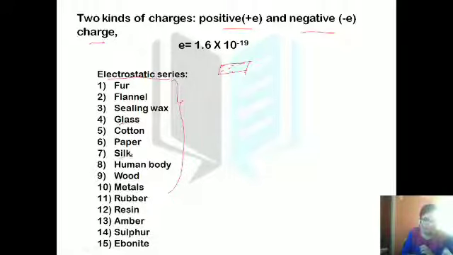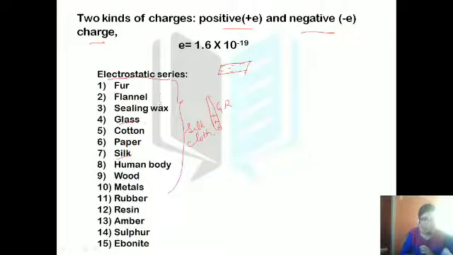If we take a glass rod with silk, we are rubbing the glass rod with the silk cloth. Here, glass is above the silk in the series. When glass is rubbed with silk, it acquires positive charge.